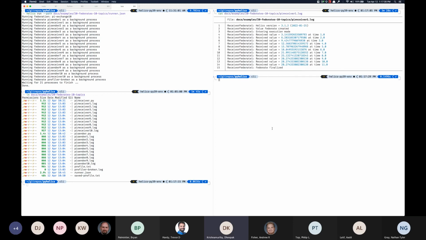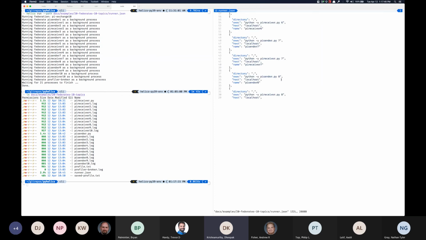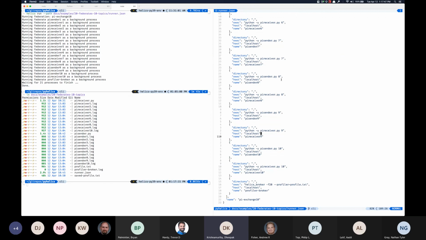Yeah, so every federate's standard out and standard error are put into a log file, and the log file name is basically the name that you choose for the block.